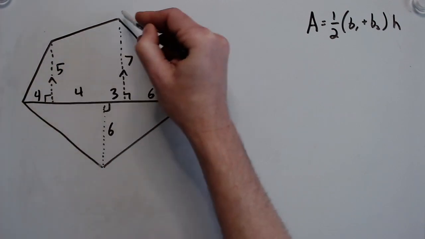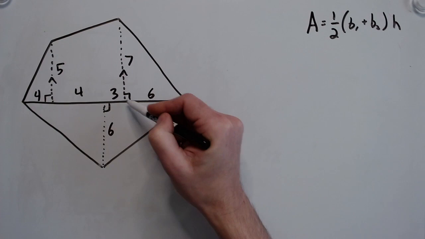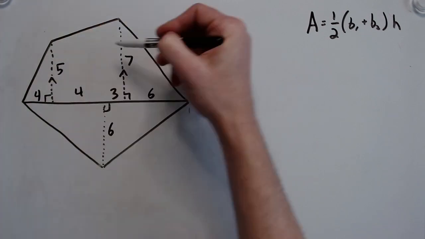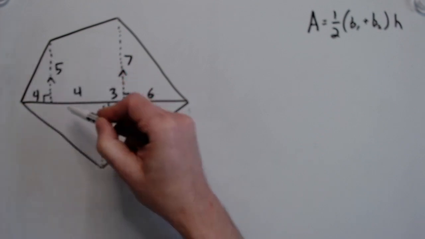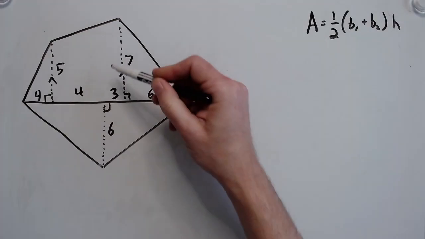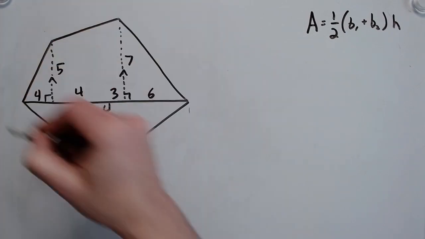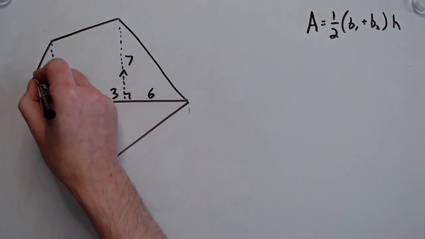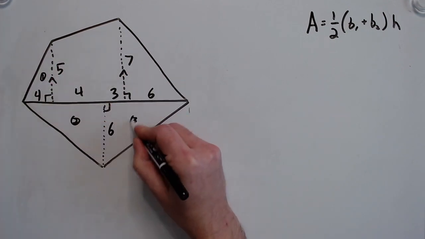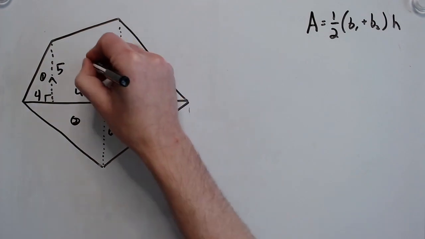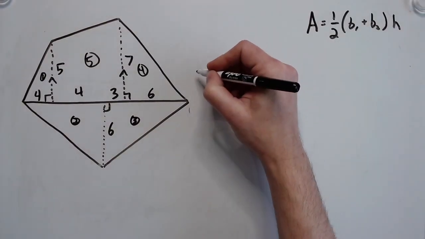So now this is a parallelogram. Nope, it's a trapezoid, not a parallelogram, because these are parallel with each other. So we can find the area of these four triangles and this trapezoid, and if we add them all up, we'll have the area of this pentagon. So I'm going to label these as 1, 2, 3, 4, and 5.